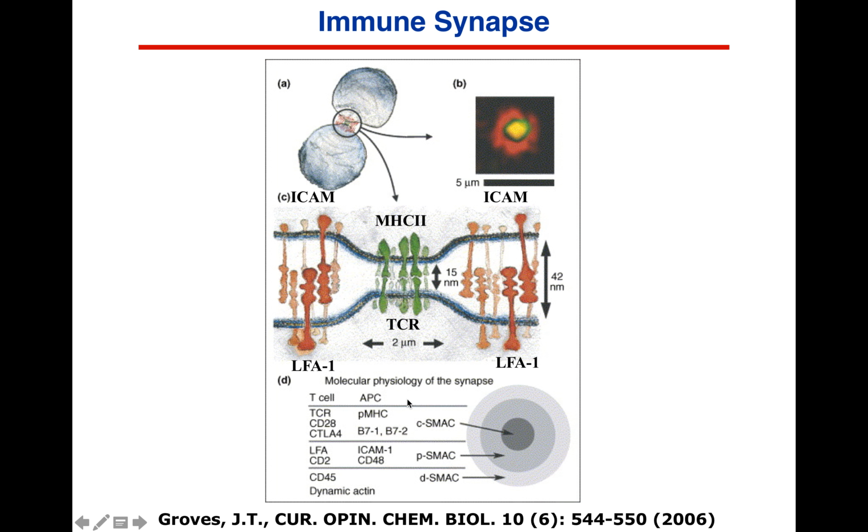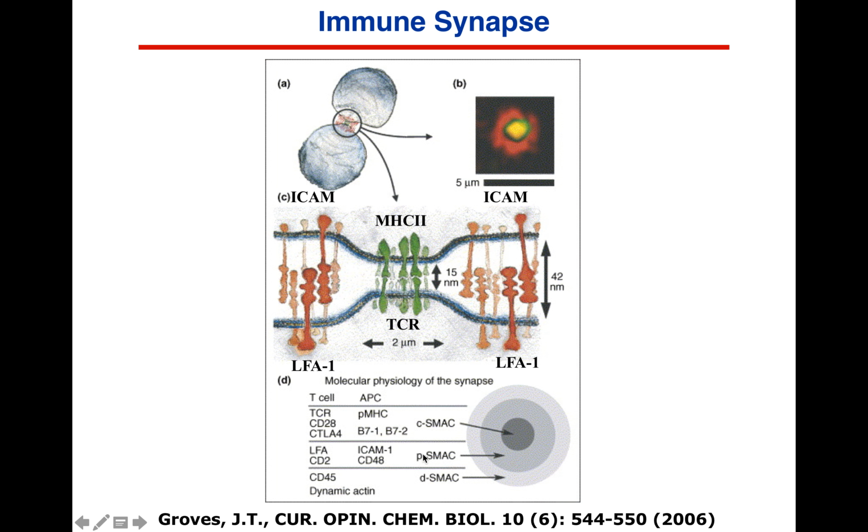Within this center bullseye, you can see up here there's red, which is ICAM. The ICAM-LFA1 interactions, in red, surround the T cell MHC2 interactions, and they form this bullseye.